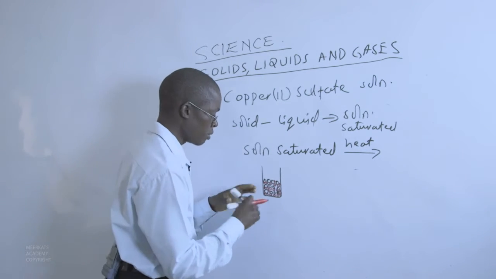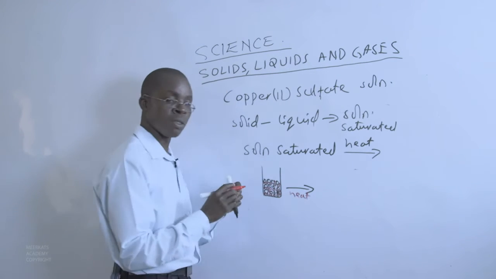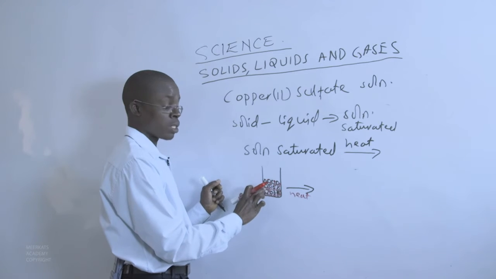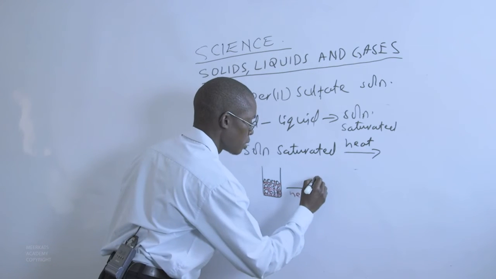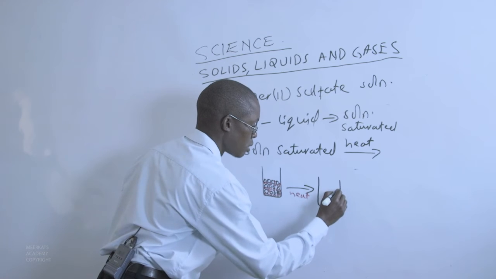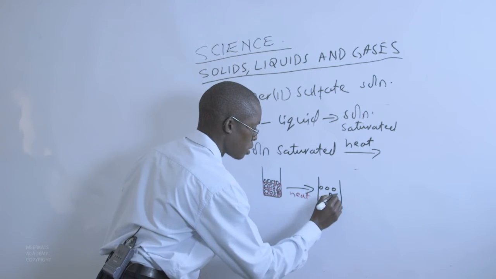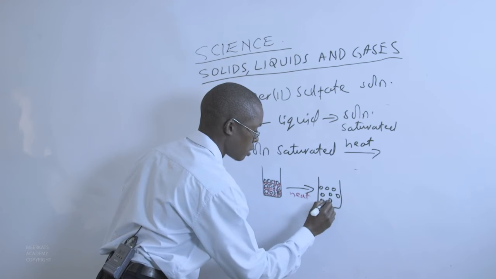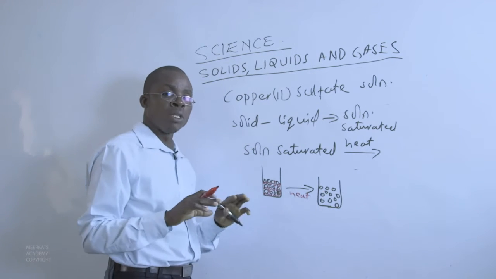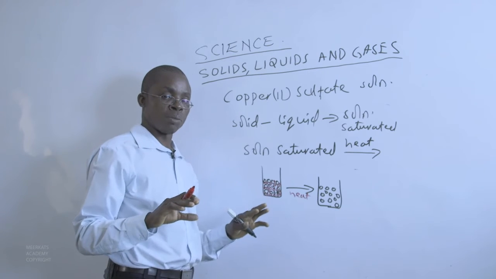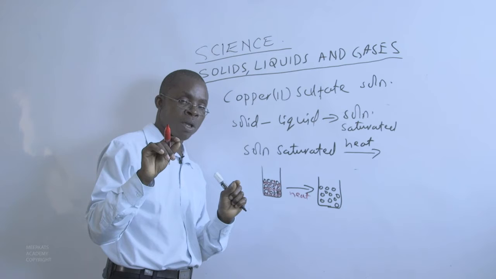When you do heating, you make the liquid particles, the ones in black, more mobile. When they are more mobile, it means they create more spaces between them. The particles move slightly far away from each other.